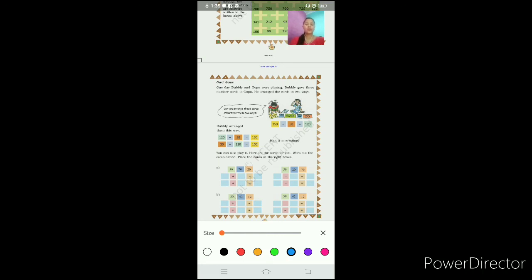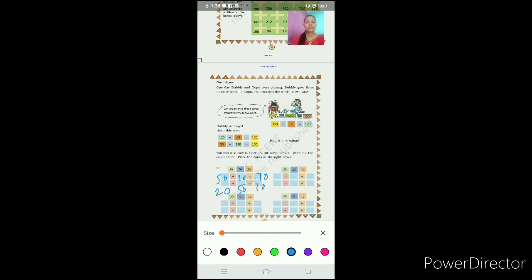By using this combination you have to fill these blanks. Okay, so suppose I write here 50, so 50 plus 70 is 20? No. So 50 plus 20 is equal to 70. Okay, and again here is an addition sign, so reverse the numbers, 20 plus 50 is 70.